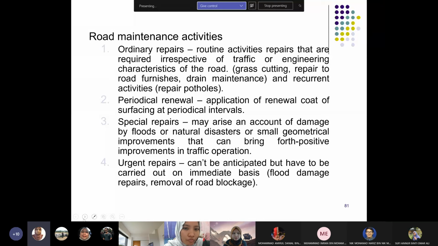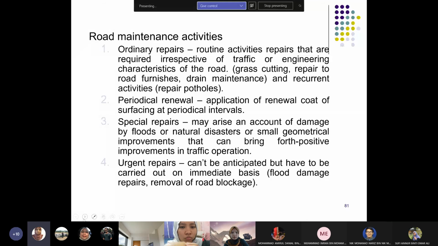And then we have period renewal, application of renewal coat and surfacing at periodical intervals. Ni coating of you spray the tag coat. Kalau nampak jalan tu dah makin haus, makin kurang dia punya color pun dah makin diminish, right?